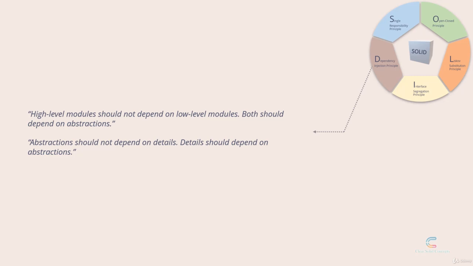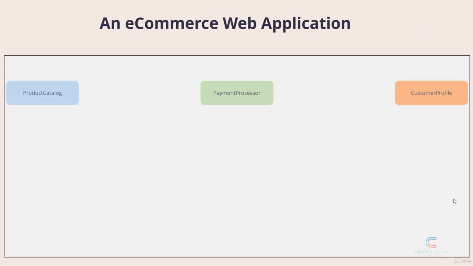Before we understand the principle, it's important that we understand the terms used in the definition. Let's take the terms high-level modules and low-level modules first. Say you are running an e-commerce website. The software for the e-commerce web application is sophisticated and contains tens of thousands of lines of code.